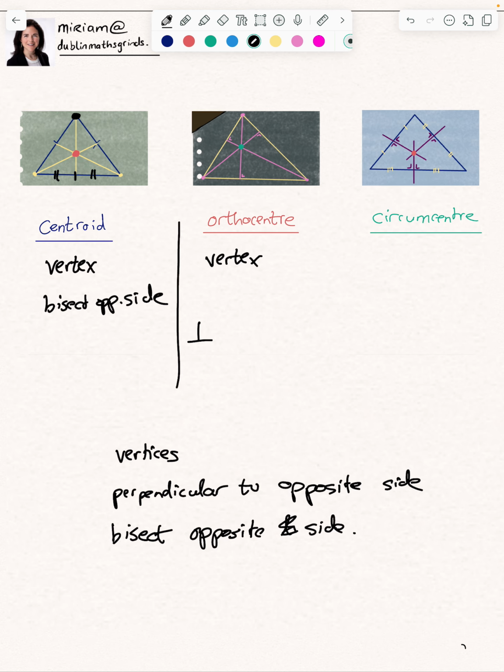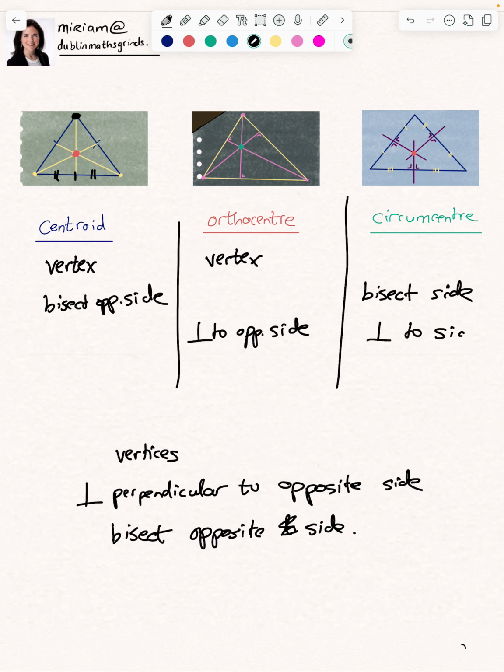So they are perpendicular to the opposite side. That little sign means perpendicular to the opposite side. And for the circumcentre, the lines that intersect to give the circumcentre don't pass through a vertex. They do bisect a side and they are perpendicular to a side.